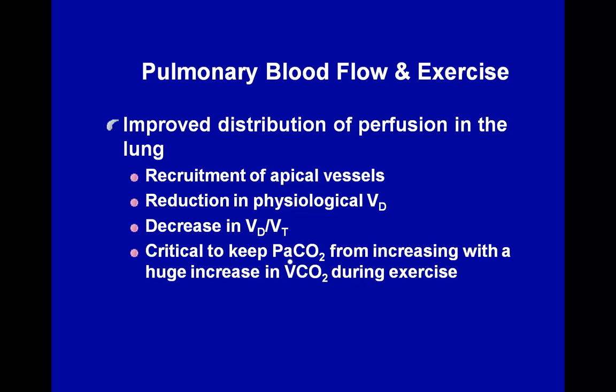Since this is decreasing, we can efficiently get rid of that higher CO2 load that we generate with our active tissues when we exercise. So everything is tuned for us to be able to do this very high level of metabolic rate.